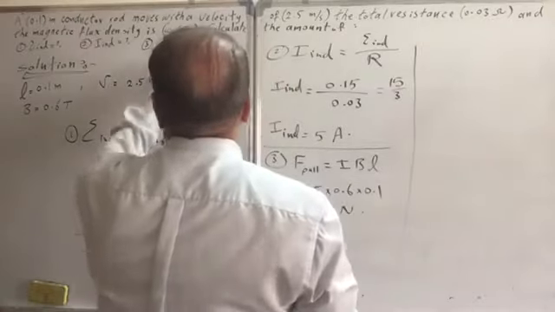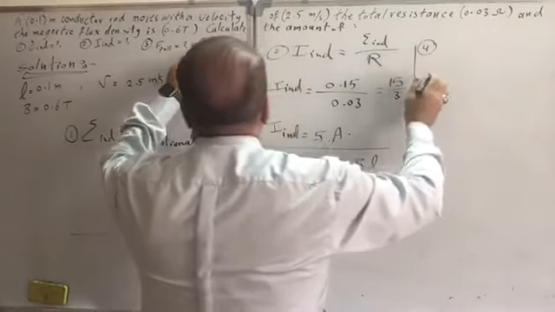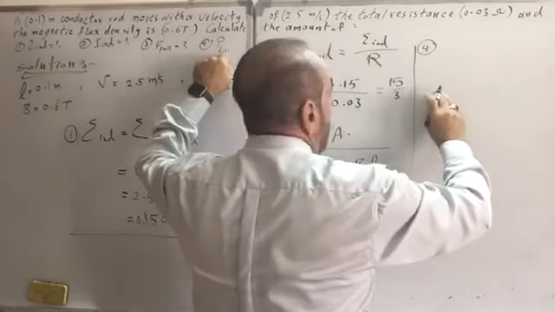Now, the fourth order, the power that is dissipated in the resistance.